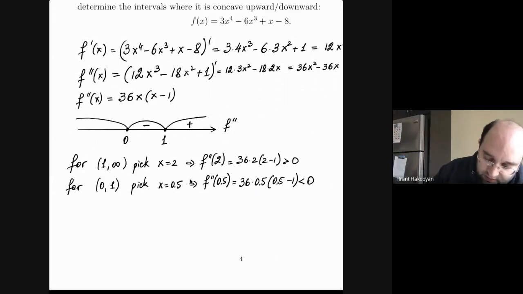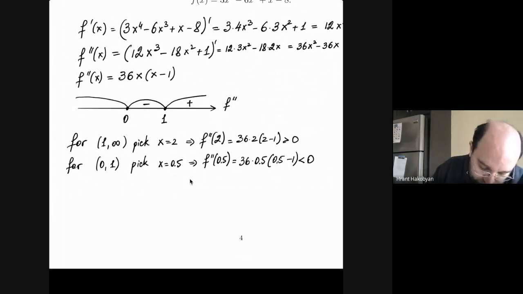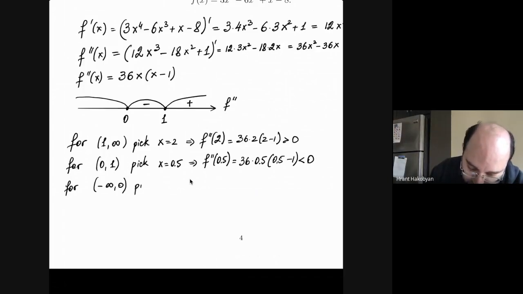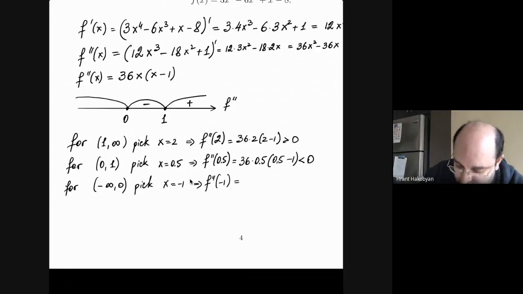And similarly for negative infinity to 0, we can pick any number, so I'm just going to pick x equals negative 1. Actually, sorry, I made a mistake here.